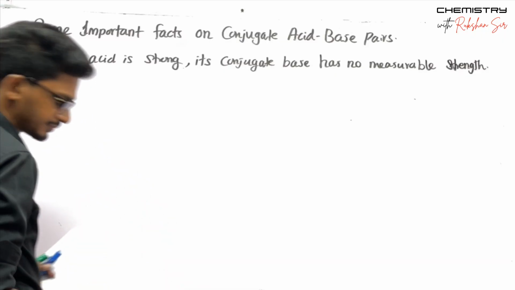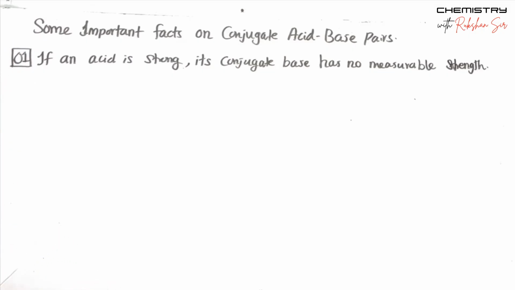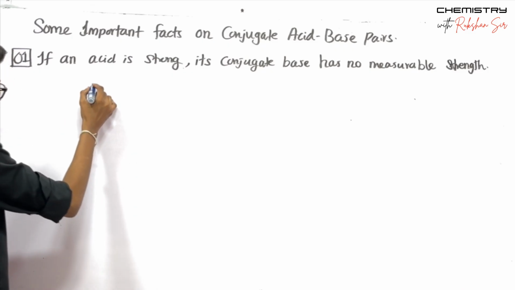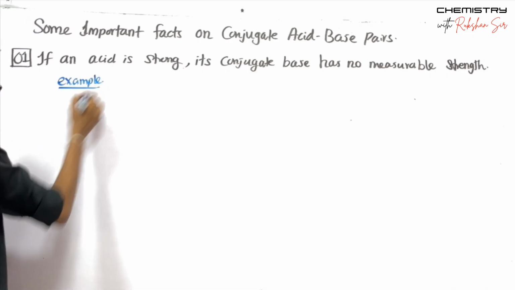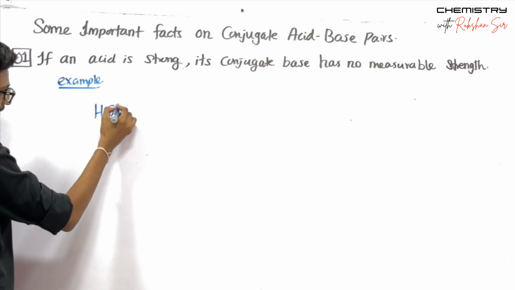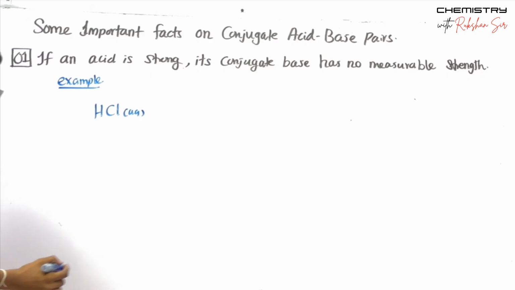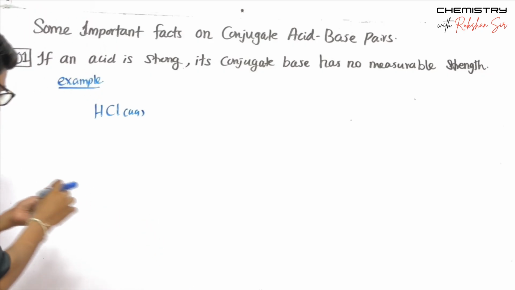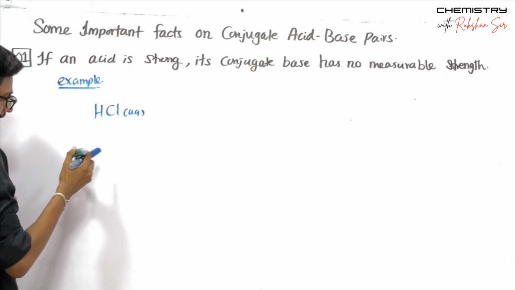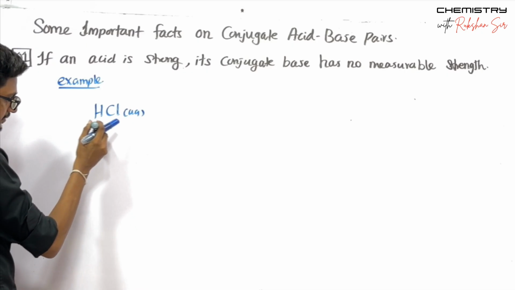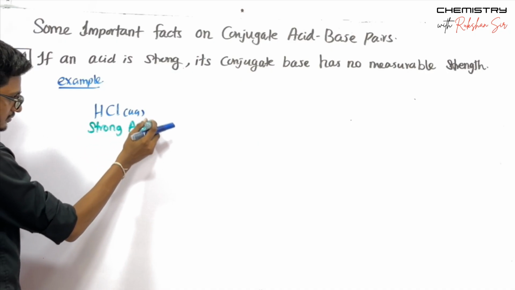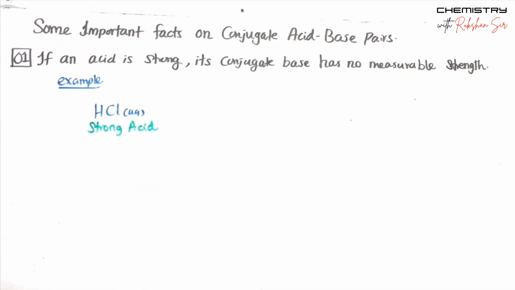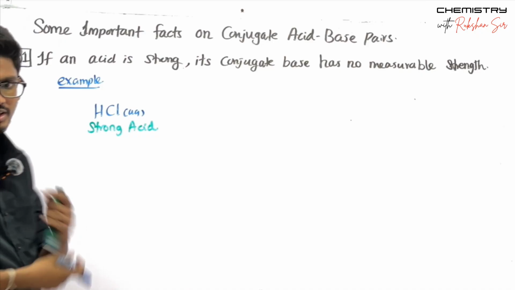If you need an example, we can say like this. We know that HCl is a strong acid. You know that, right? HCl is a strong acid.